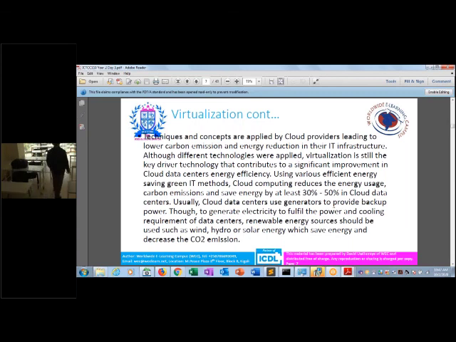But we can use other techniques which don't generate carbon dioxide, for example, the energy from the wind or the energy from the solar. So these renewable energies are used to decrease the CO2 emitted.